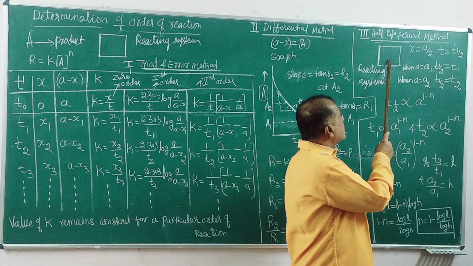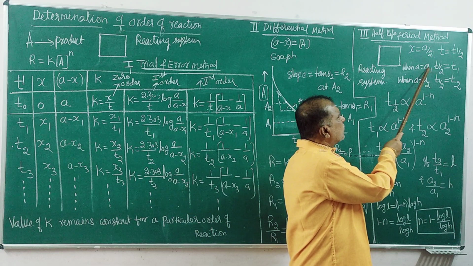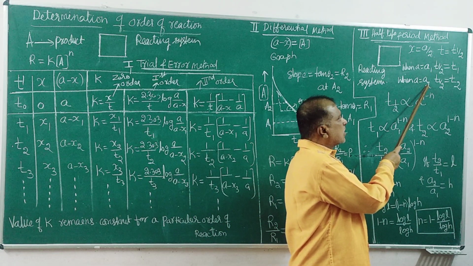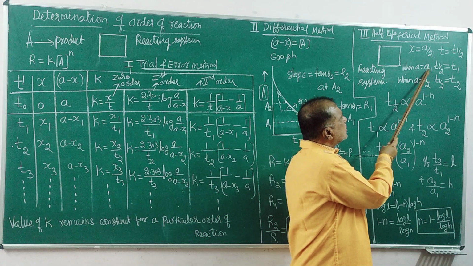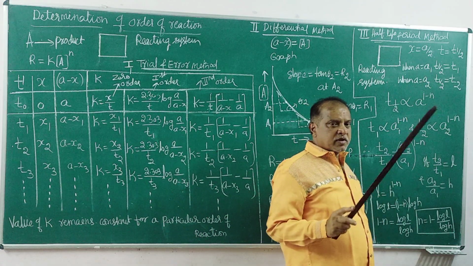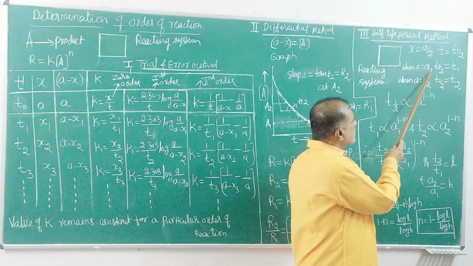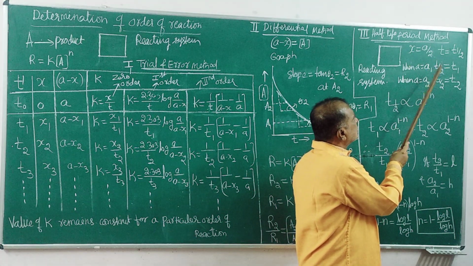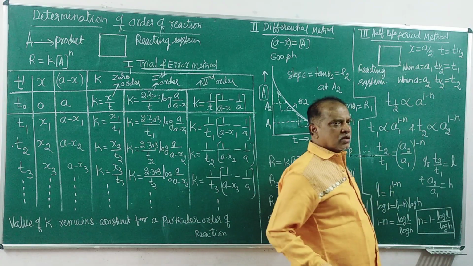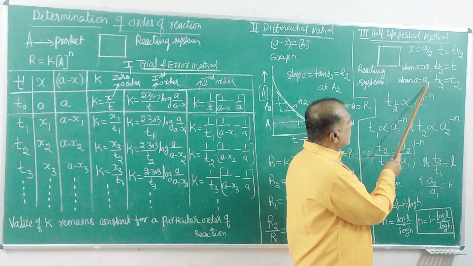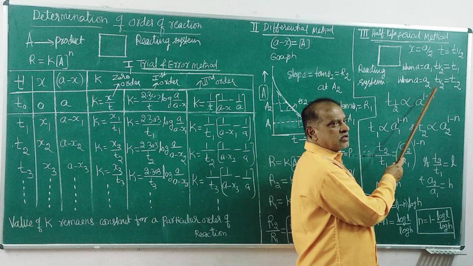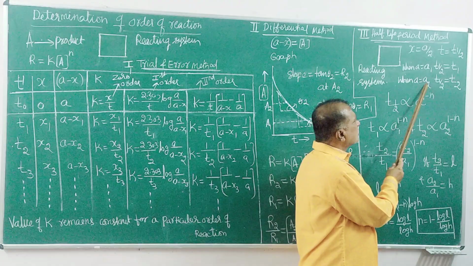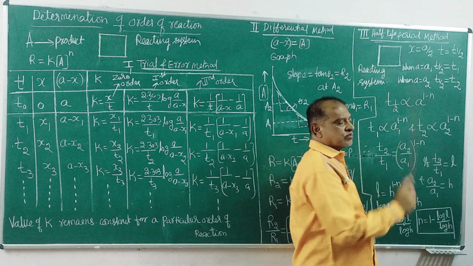This experiment is repeated for two different initial concentrations. At the commencement of the reaction, if you have taken some concentration A1, the half-life for this concentration is T1. If you have taken a different initial concentration A2, the half-life for this concentration is T2, for the same reaction.